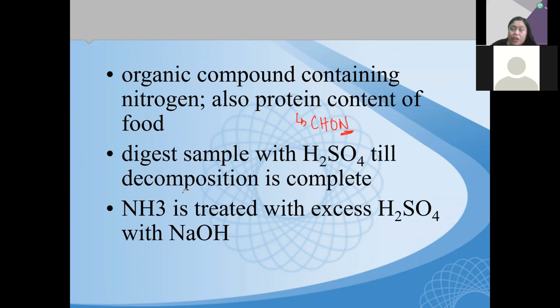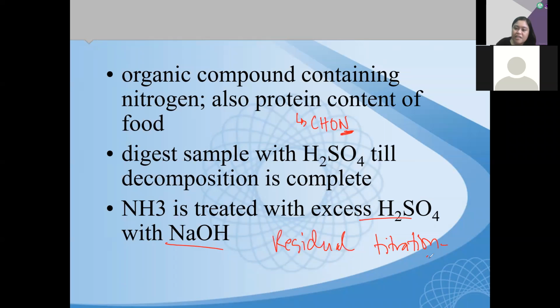After the decomposition, ammonia is released, and the released ammonia is treated with excess sulfuric acid, and afterwards sodium hydroxide. So the determination of nitrogen falls under residual titration.